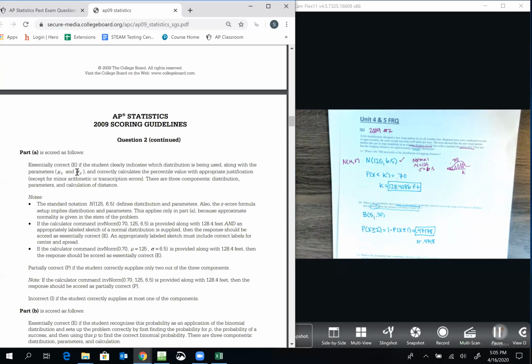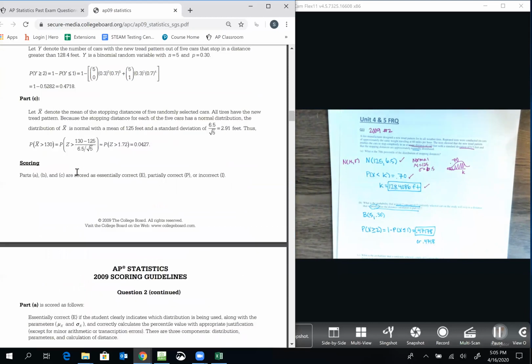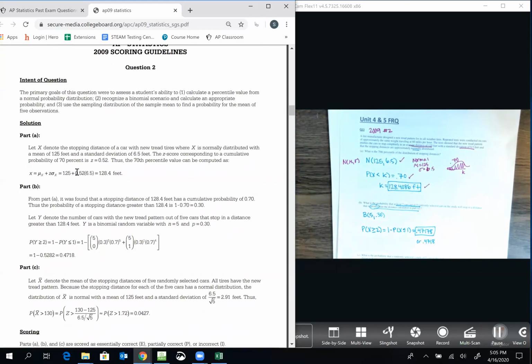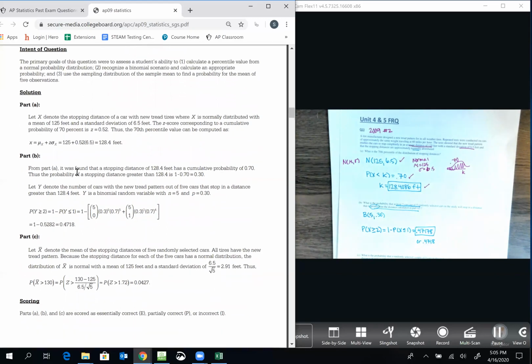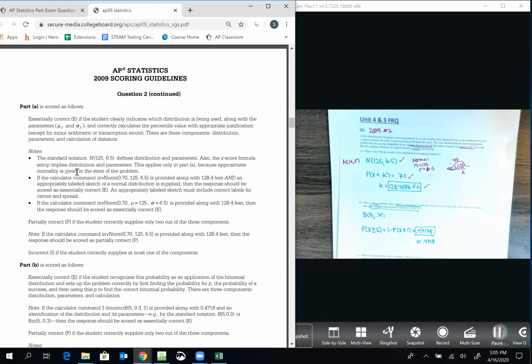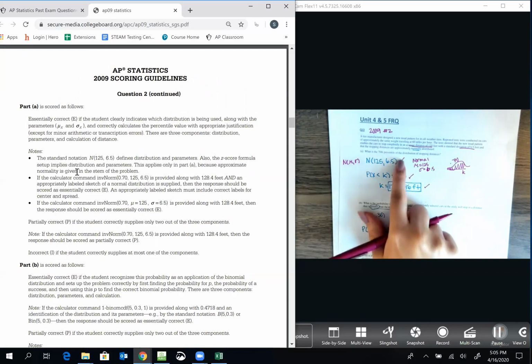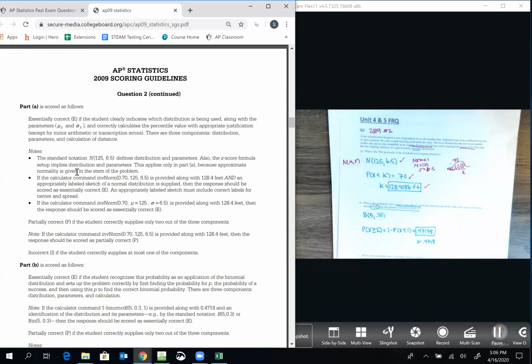And correctly calculates the percentile with appropriate justification. So this is my justification, this is my answer. Let's see, they got 128.4. I got a more precise 128.4086. So these are the 3 components. If you have all 3 of these, you get essentially correct.